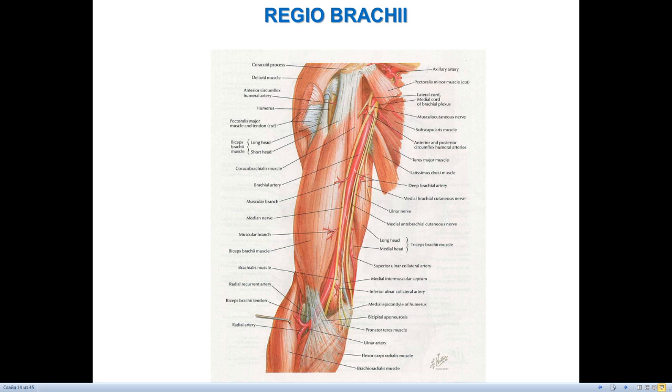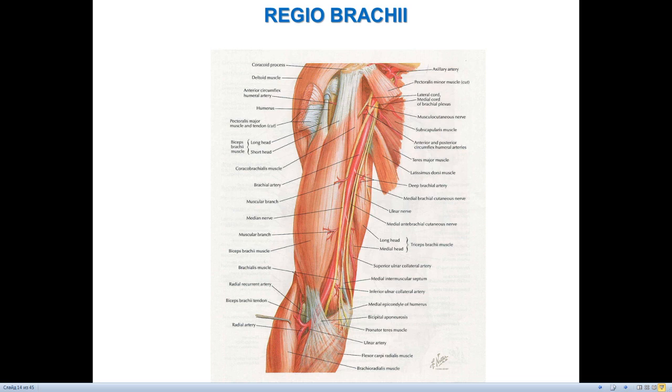Fascia of the arm surrounds the muscles of the arm and gives rise to septums to the bone, which are called septum intermusculare brachii mediale and septum intermusculare brachii laterale. They separate the anterior group of muscles from the posterior.